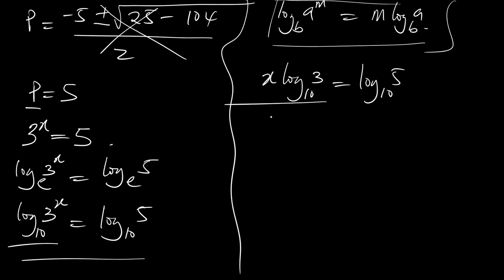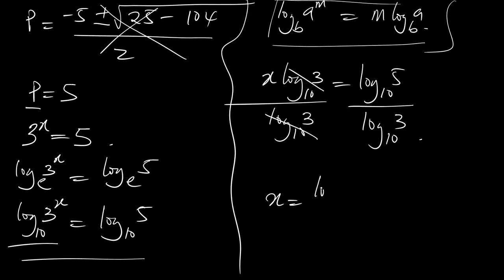Dividing both sides by log 3 base 10, this will cancel and you have x is equal to log 5 base 10 divided by log 3 base 10.